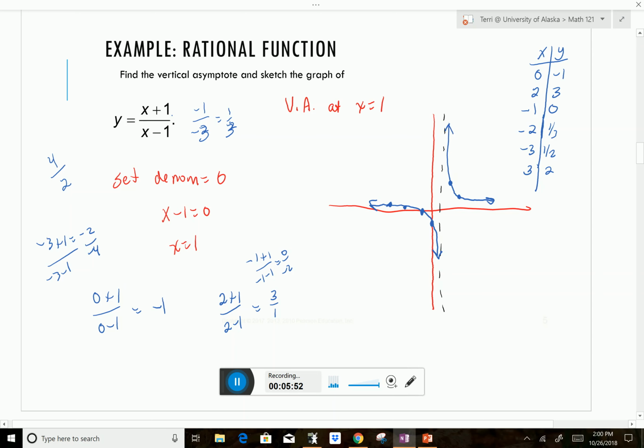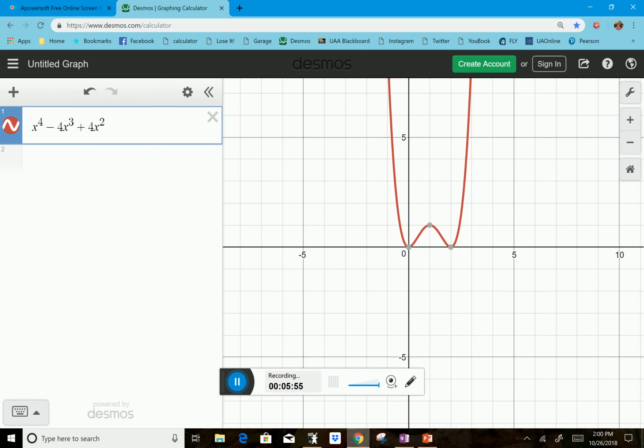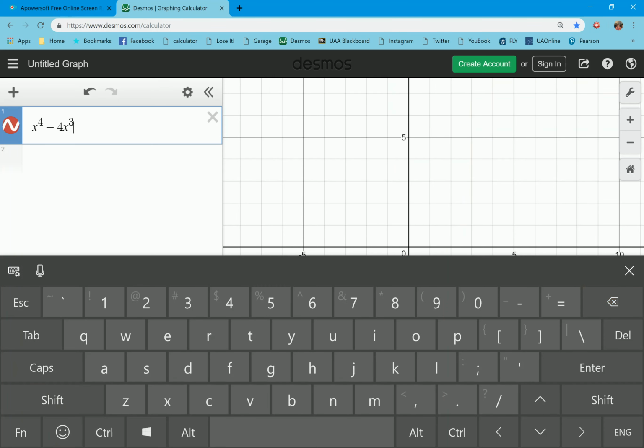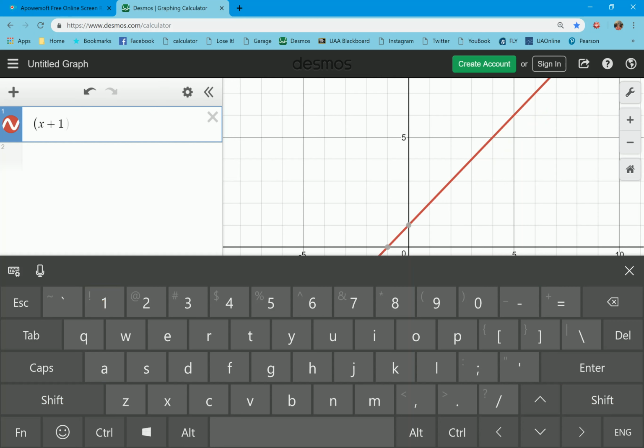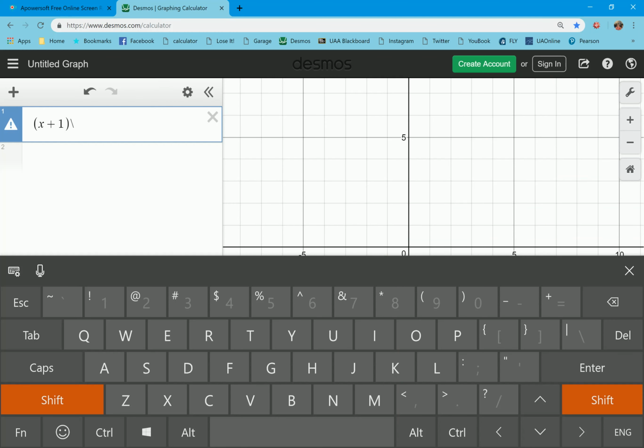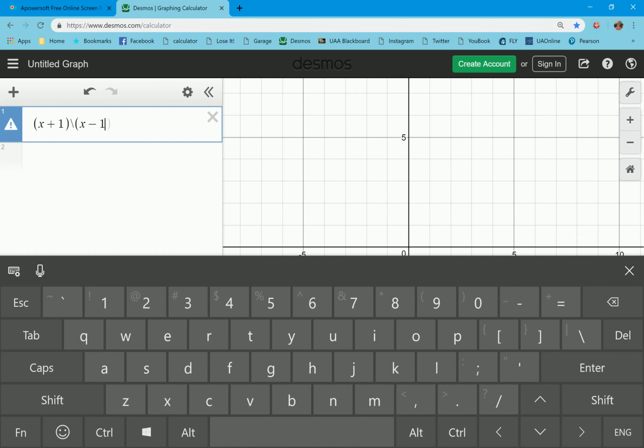So let's check that with Desmos. We have x plus 1 divided by, and I put this in parentheses, x minus 1. Oops.